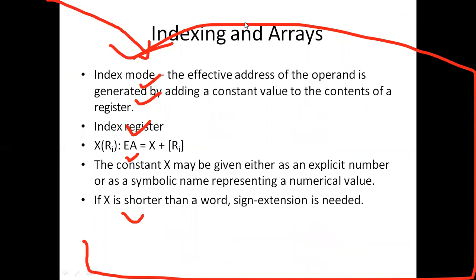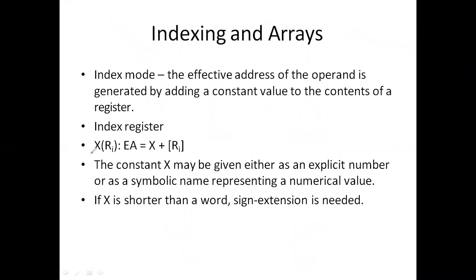Now, it is indexing and arrays. I know that you have a good idea about arrays. Can anyone among you define an array for me? Sir, an array is a linear data structure where the elements are indexed from 0 to n.